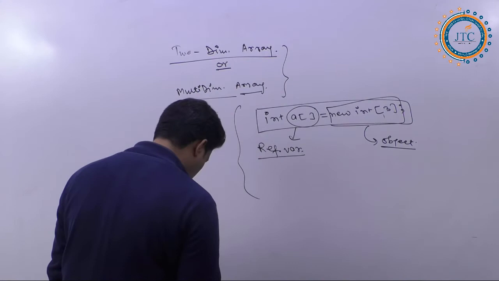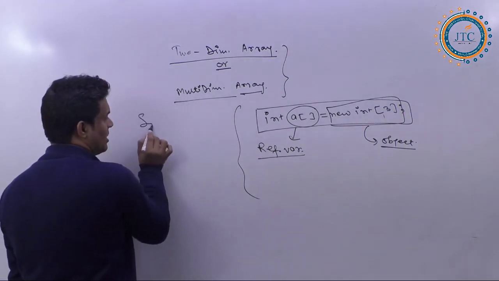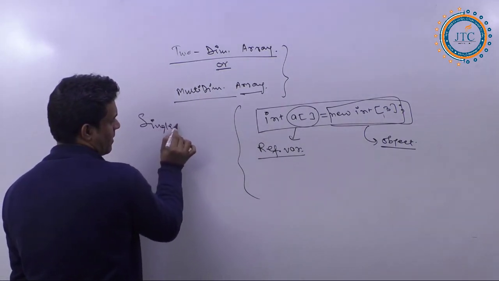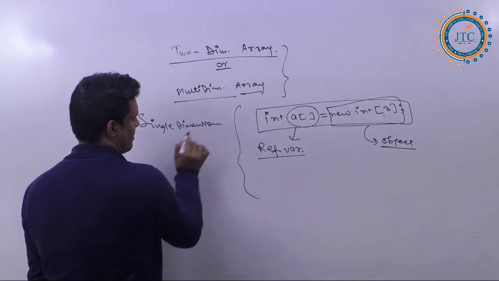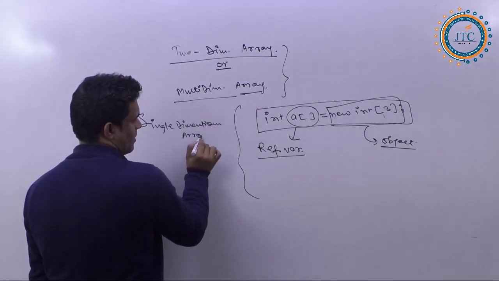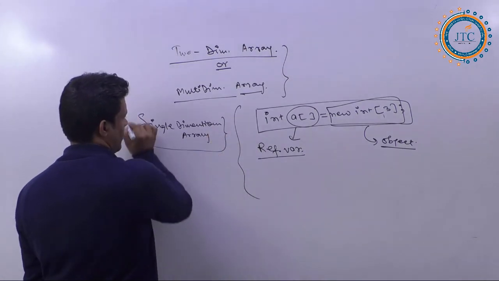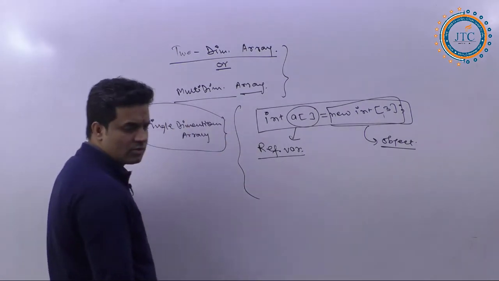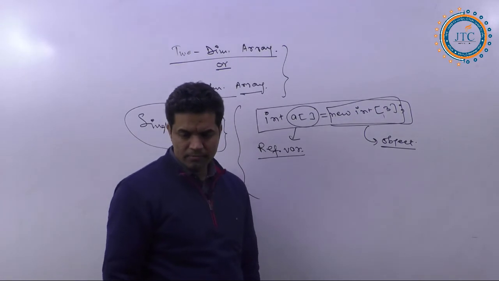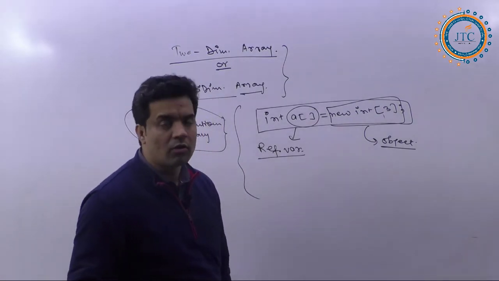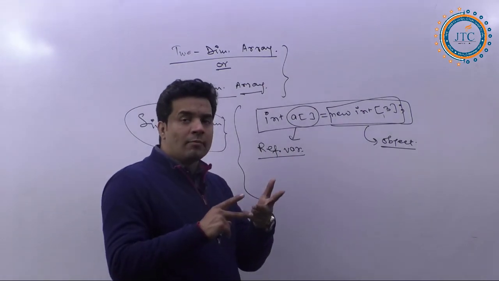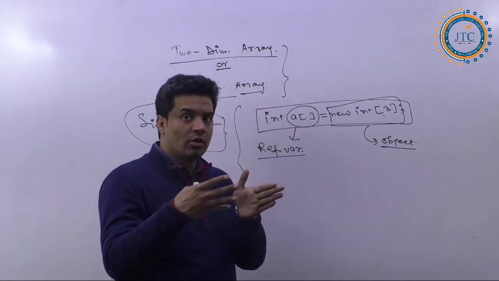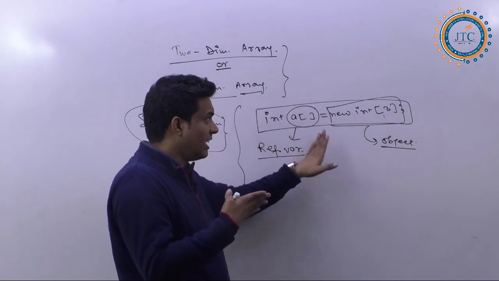Remember it. It is what? A single dimension array. This is what we are calling a single dimension array. Fine? Now, it is a single dimension. I am talking about a two-dimensional array. So what I need, one dimension already I have created.